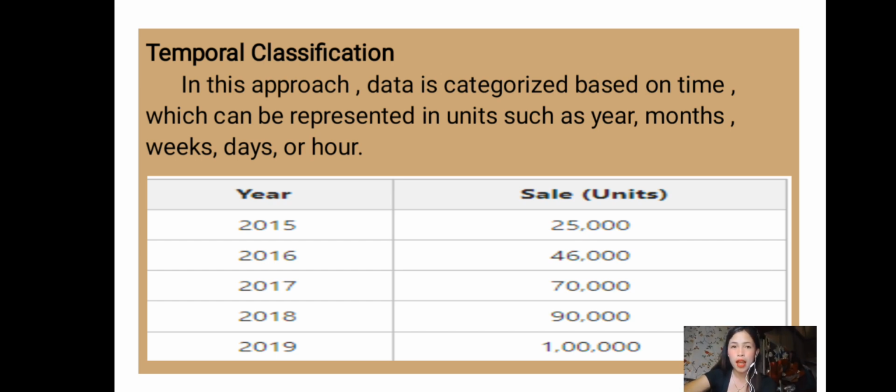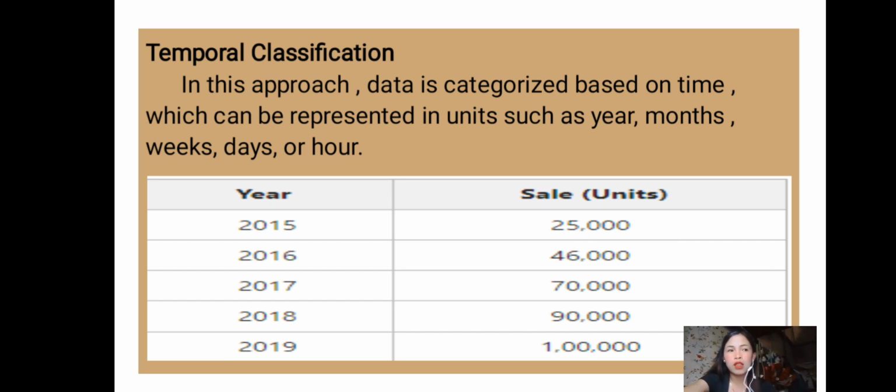In this approach, data is categorized based on time, which can be represented in units such as years, months, weeks, days, or hours. So, temporal classification organizes data over time using units like years, months, days, or hours as classifying variables.